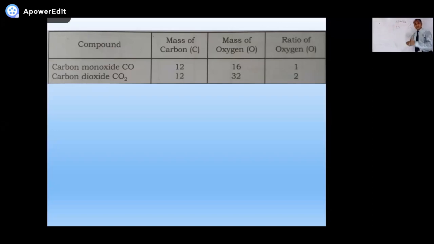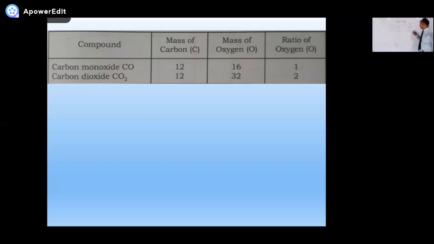Let's see the same in terms of their masses. What is the mass of a single carbon atom? 12. What is the mass of a single oxygen atom? 16. What is the mass of one carbon atom? 12. What is the mass of one oxygen? 16. How many oxygens? 2. 16 twos are 32.